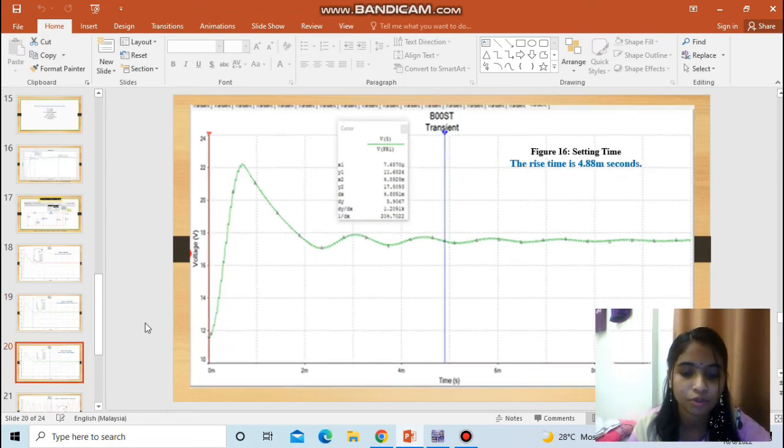Next, I will continue with the settling time. Settling time is the difference between the initial time and the time when it starts to become stable. Based on this graph, the settling time is 4.88 milliseconds.